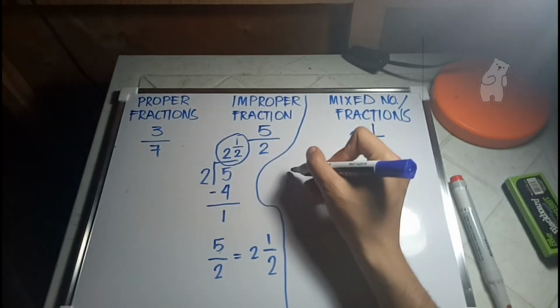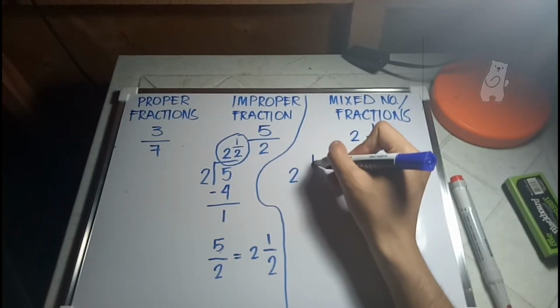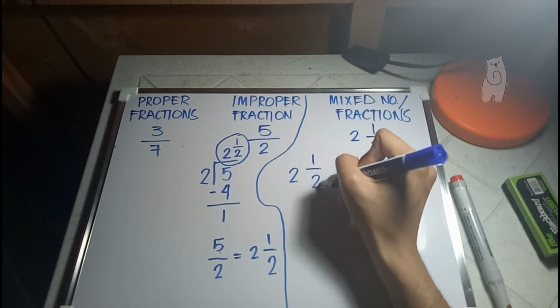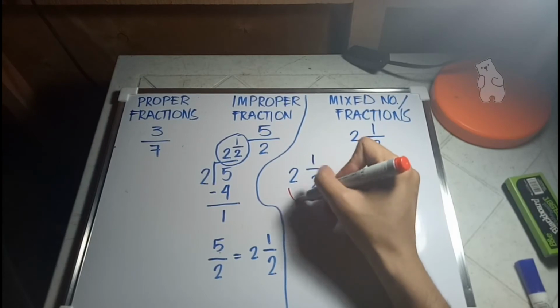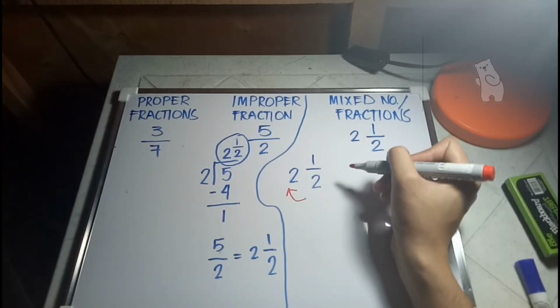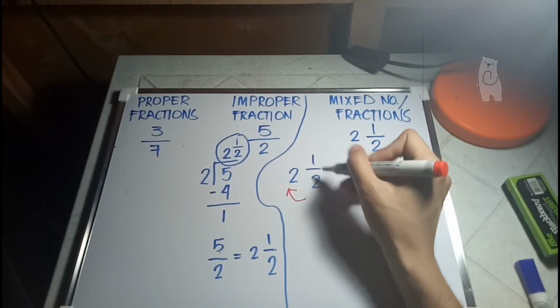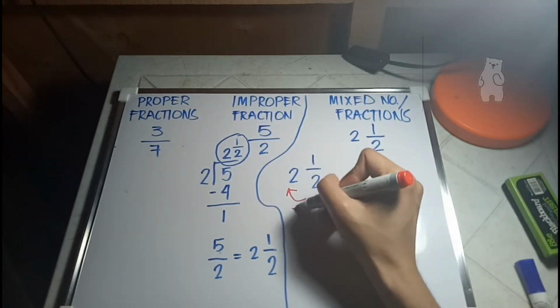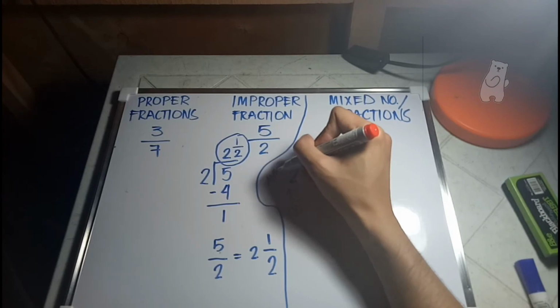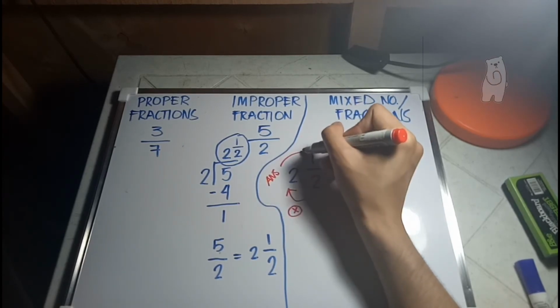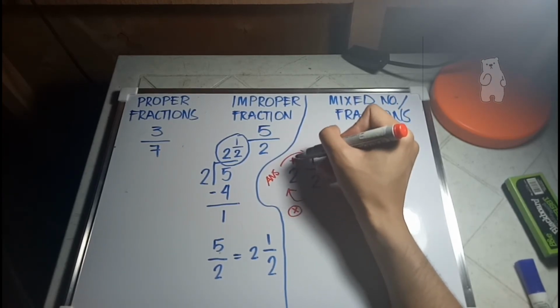So, 2 and 1 over 2. Yung mangyayari is, we will be multiplying the denominator and the whole number. Once we multiply it, yung sagot will be added to the numerator.